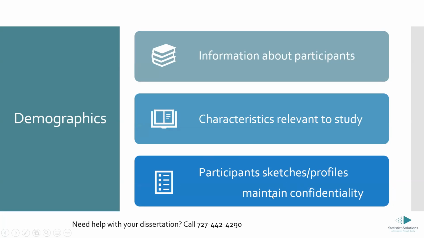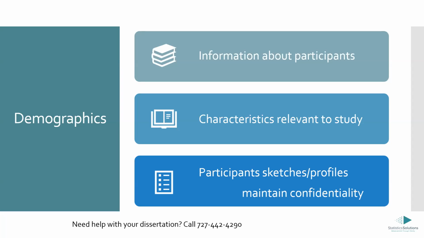Your participant demographics is a section where you would present any of those characteristics or information about your participants that are important to the study, that are relevant, again, to establish the context for your research, to establish the context for the results. So think about the type of study that you're conducting. Maybe you are conducting some organizational study.